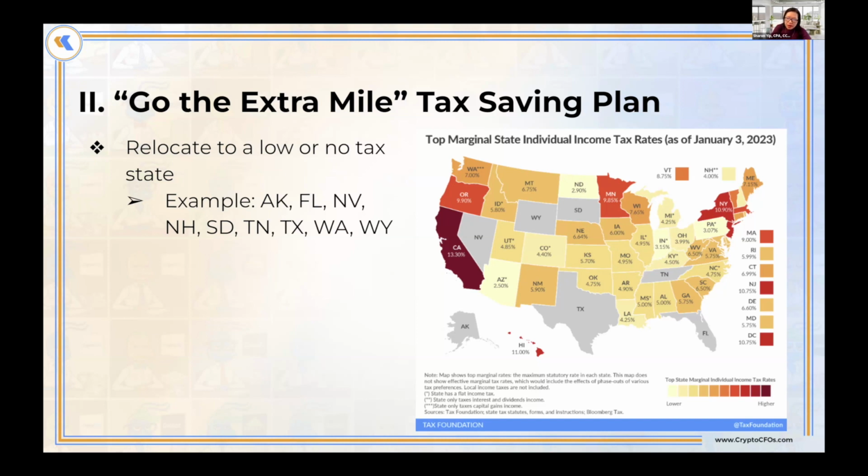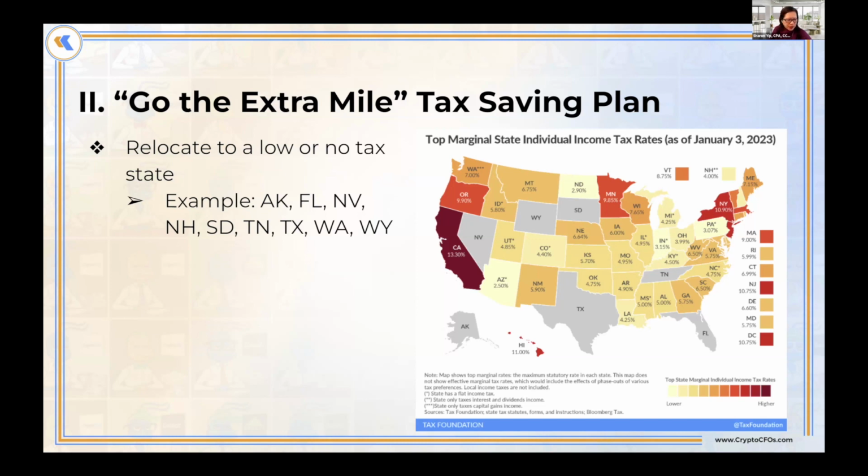Just be mindful of the different requirements for establishing domicile in different states. We have some clients who tried to use the strategy and moved to a no tax state, but they cannot cut ties with their original state.